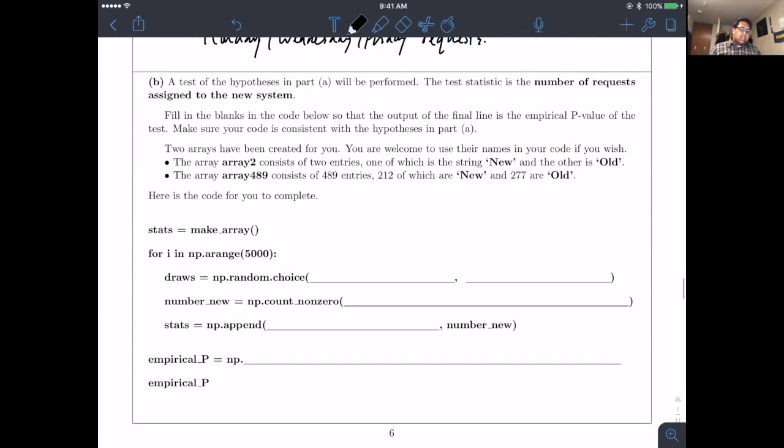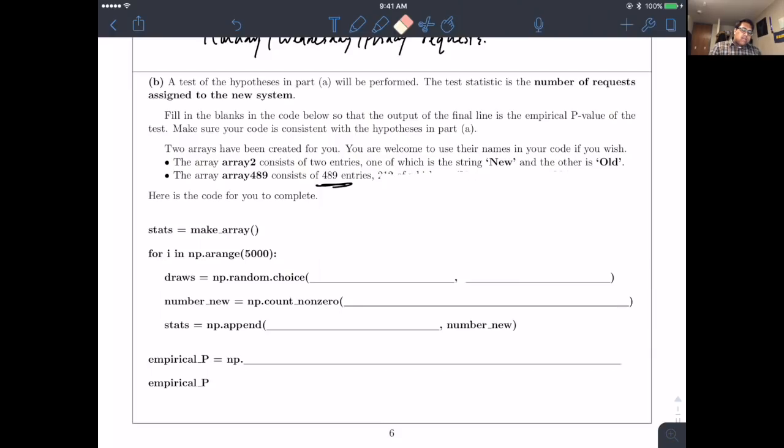Right, so now in part B, we actually have to write some sort of hypothesis test for this to try and find an empirical p-value, which we can use to analyze whether or not this should have actually occurred. Right, so we know that we have 489 entries in array 489, 212 of which are new and 277 of which are old.